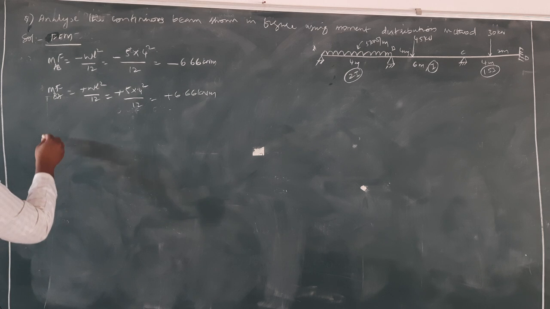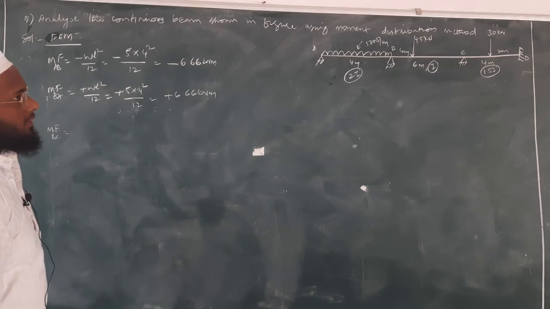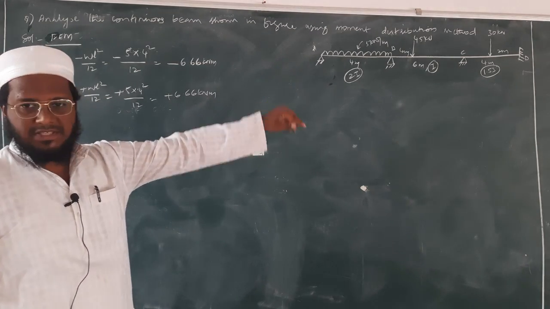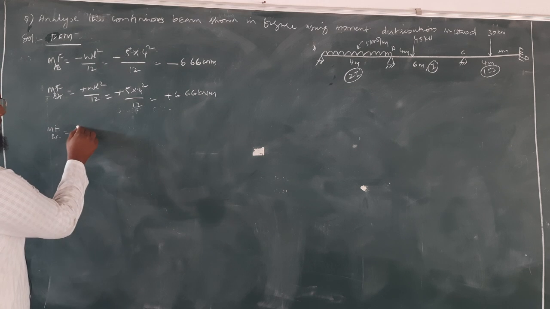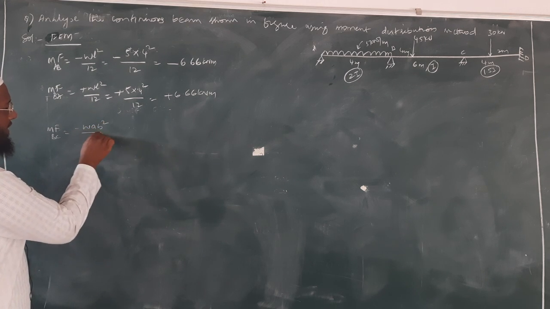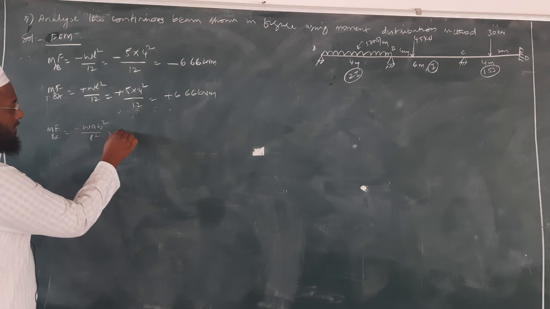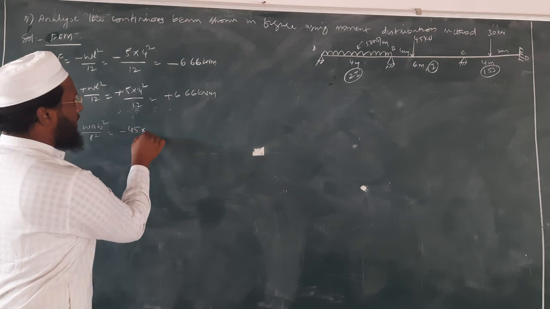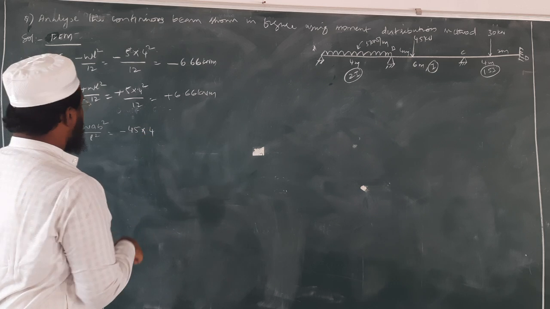Next we have MF BC. AB and BA both are over. We'll go for BC. What about MF BC? Minus W A B square by L square. So minus W is how much? 45 into A is 4.